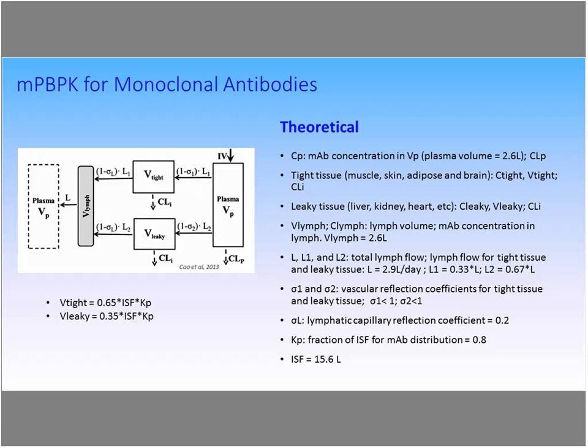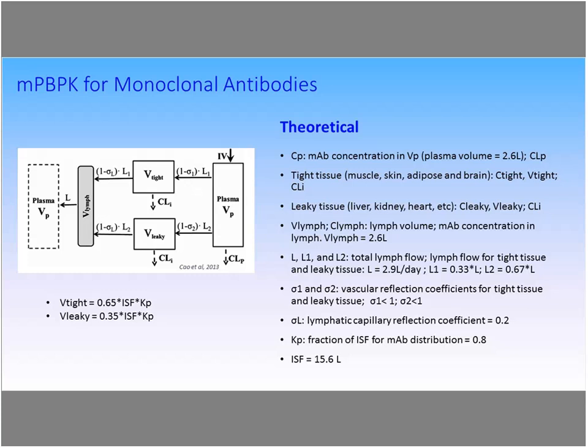The sigma 2 here is the vascular reflection coefficient for the leaky tissue. The uptake to the lymph from the tight tissue and from the leaky tissue, we demonstrated right here, and we use sigma L. It is the lymphatic capillary reflection coefficient, which is known to be 0.2 from published literature.